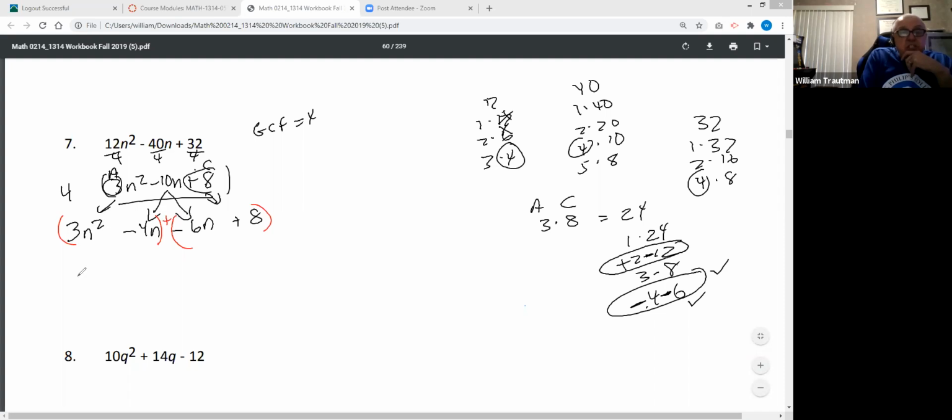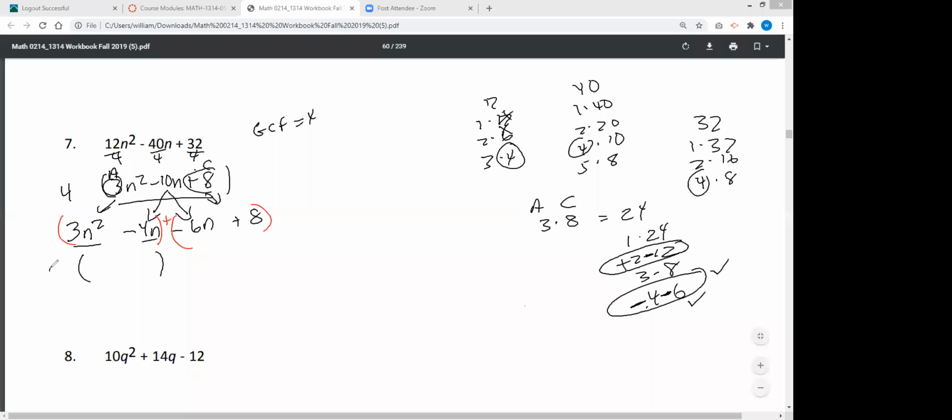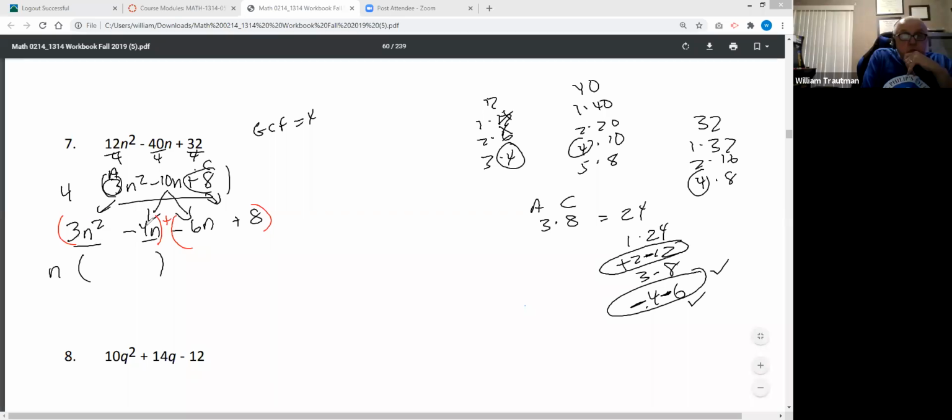Can somebody tell me the GCF for the first parentheses? N. Just n, because 3 and 4, the only thing they have in common is 1, and the lowest power of n is n, so I'm going to divide both by n, and I get 3n to the 1 power. Those cancel, and I get -4.